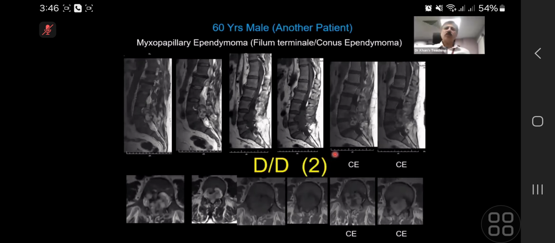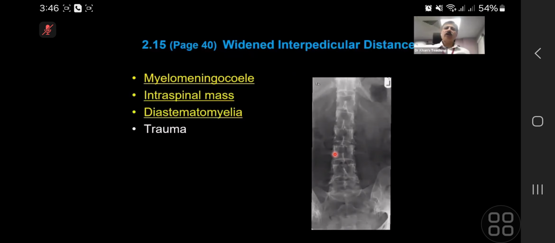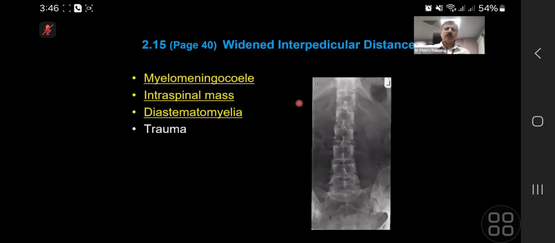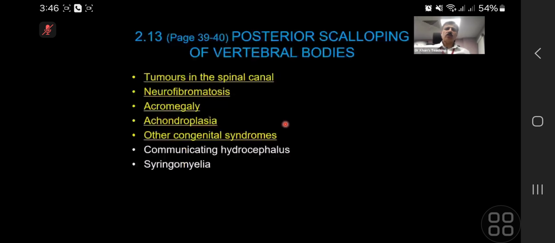So this is the differential of posterior scalloping: tumor in the spinal canal. And there is another differential in your book, which is widened interpedicular distance. Myelomeningocele is one, but intraspinal mass, diastematomyelia, these are the ones which can cause widened interpedicular distance.